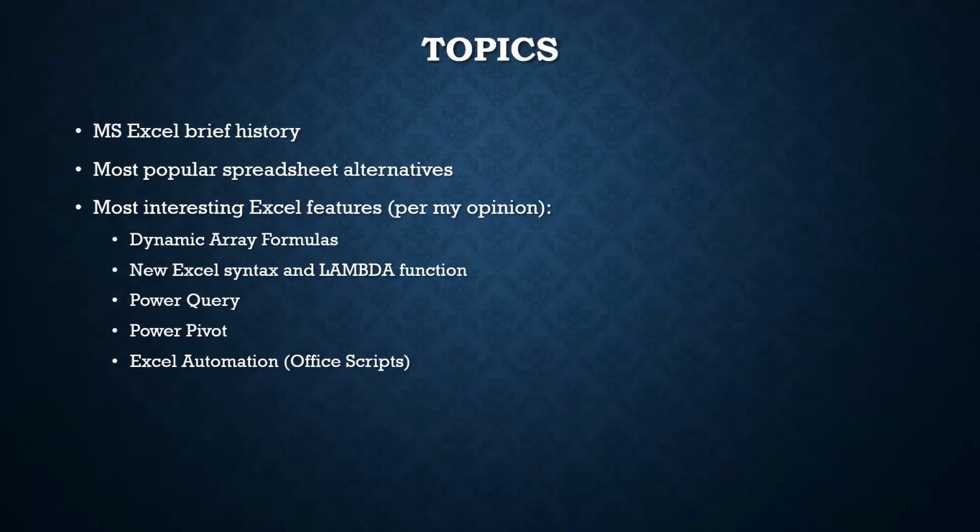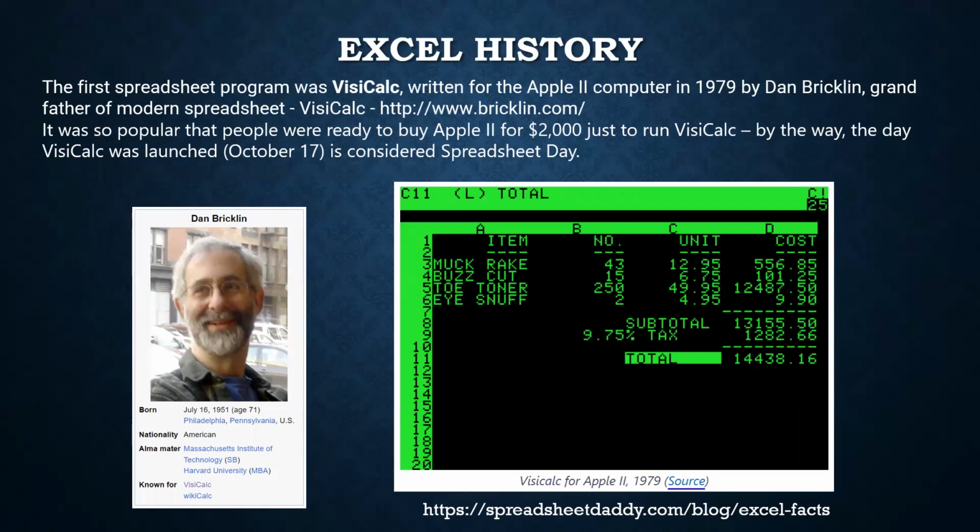We will cover dynamic array formulas, the new Excel syntax, and the not so long ago introduced LAMBDA function. We will look at Power Query, Power Pivot, and briefly touch on Excel automation using Office Scripts. And let's jump right into the history of Excel.